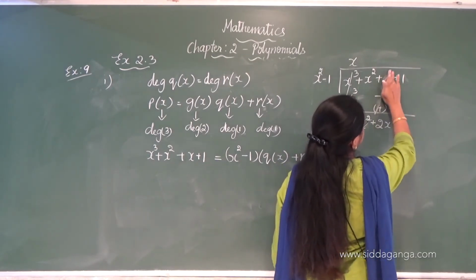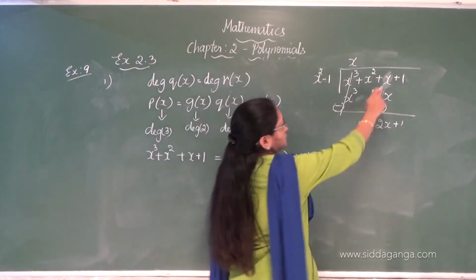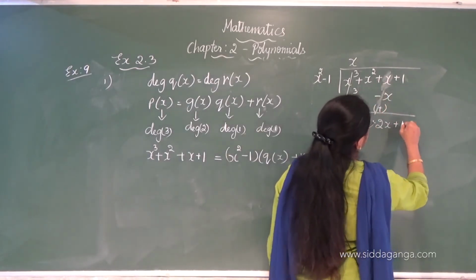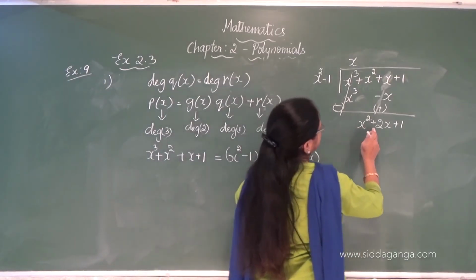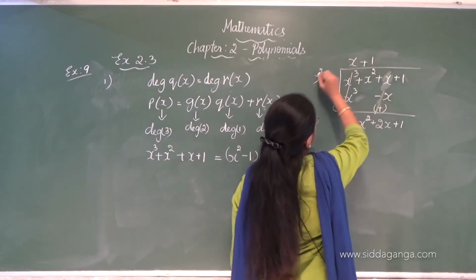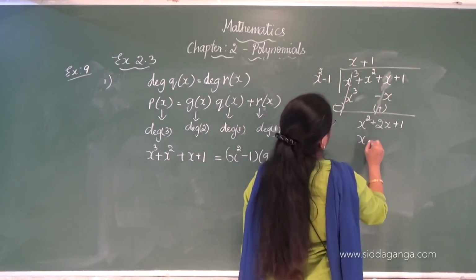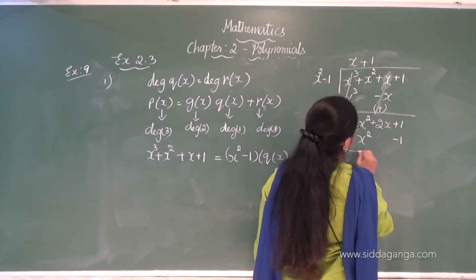Now the next one, I need to get x square, that is plus 1. So plus into minus, minus 1.